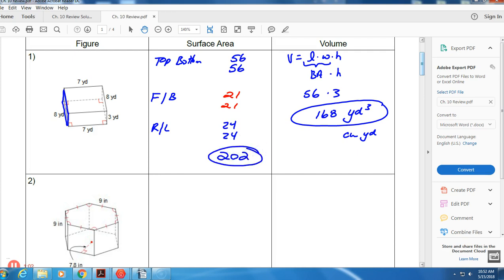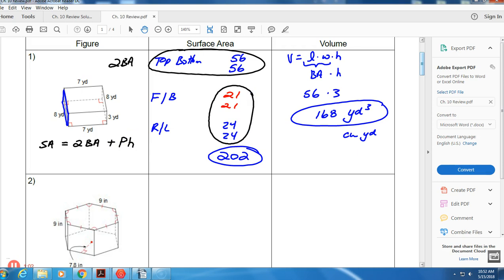There are other ways to do that, for prisms and cylinders. If you would like, the surface area is 2 base areas, which is basically what this is, the top and the bottom, and then you add to that the perimeter times the height. This right here takes care of the perimeter times the height, because you're getting all 4 walls at one time.